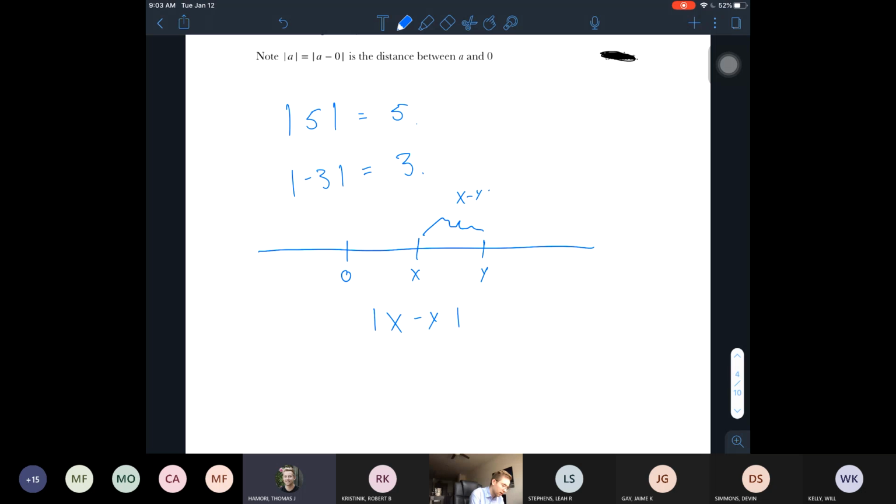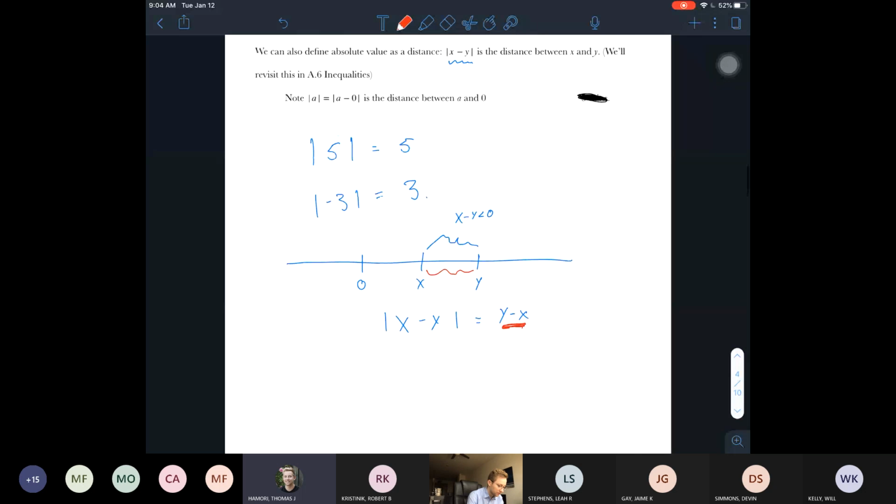So x - y is less than 0. Since x is smaller than y, we subtract something bigger, so it's going to be a negative number. The absolute value should negate whatever's inside, so it becomes y - x. That gives us exactly this distance here as a positive number.